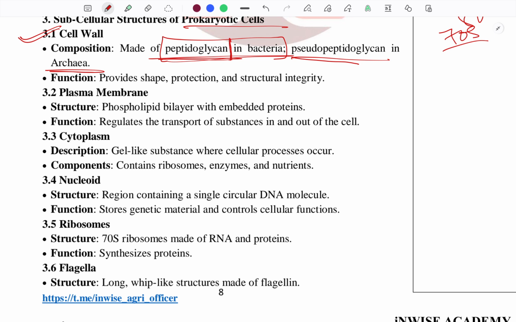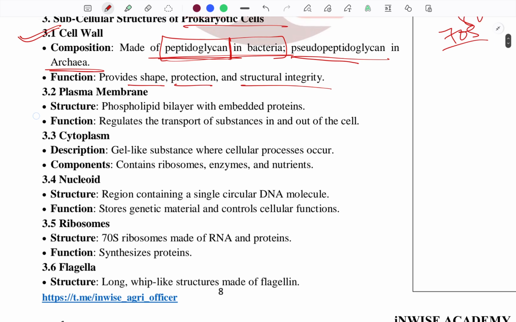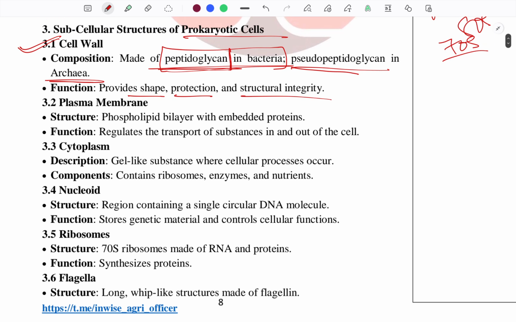Then what is the function of this cell wall? This cell wall provides a particular shape to the bacteria, and it protects it from extreme conditions or outer surroundings, and gives structural integrity. It will provide shape, protection, and structural integrity to that particular organism.